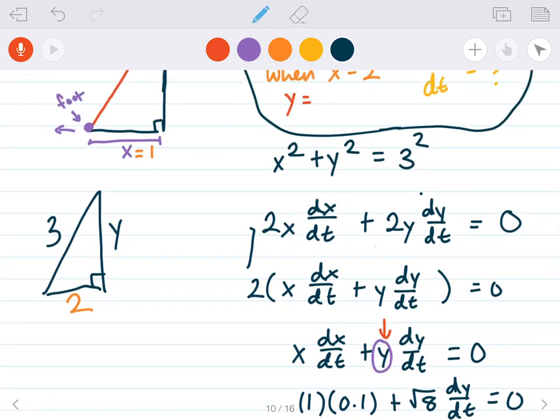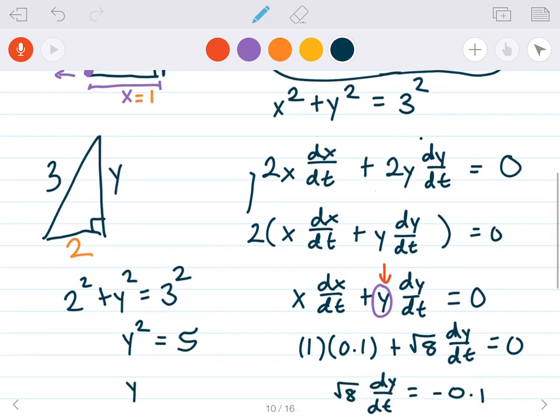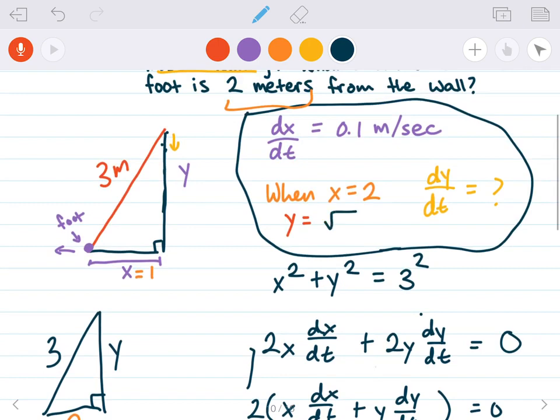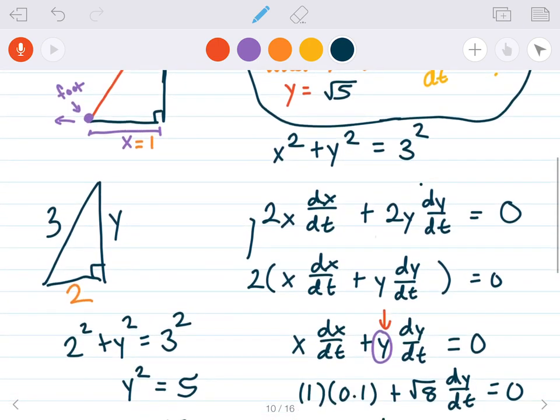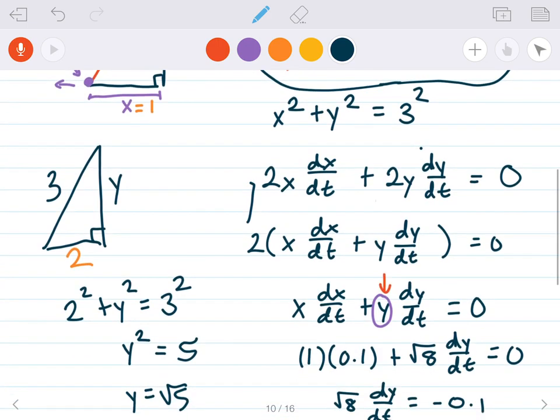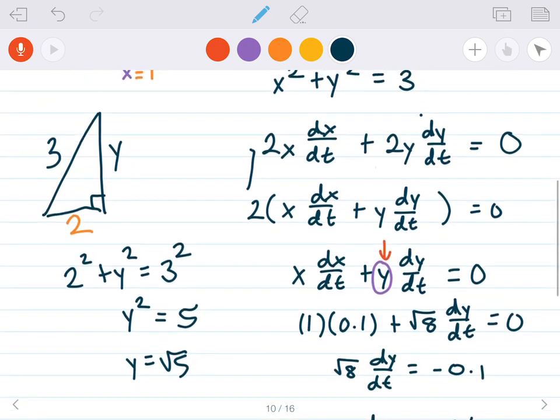We have 2 squared plus y squared equals 3 squared. And so we get y squared equals 5. Therefore, y is equal to the square root of 5 when x equals 2. So that's our new information. And we can take that new information and plug it into the same exact thing that we had over here. So the only thing that's changing is this is now a 2, and this is now a root 5.